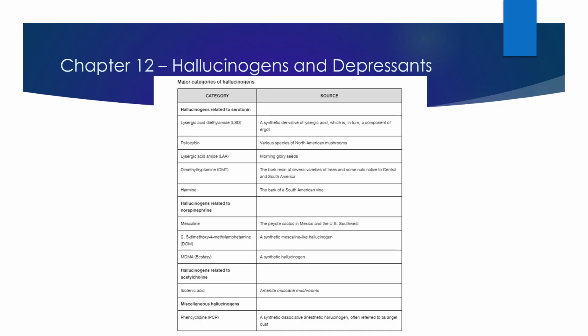So we're getting less well-known drugs here. DMT, again, less well-known. The ones that are similar to norepinephrine: mescaline, MDMA, ecstasy, down the list there. And then the other ones are less familiar. But that just gives you a sense of how these get categorized.